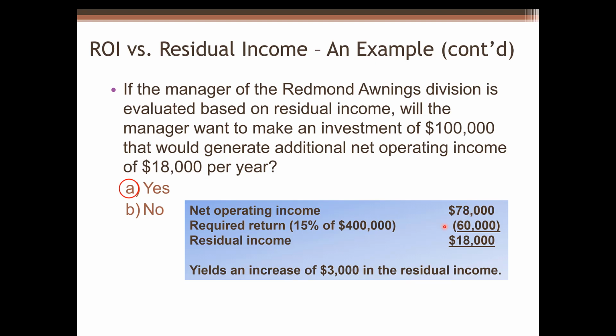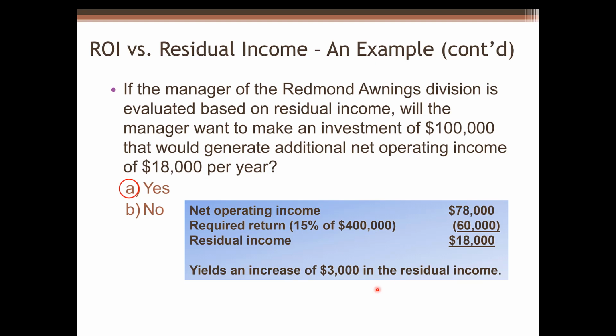So we subtract $60,000 from $78,000, and we get the new residual income, $18,000. Compared to the original residual income, $15,000, the new residual income has increased by $3,000. So yes, if the manager's performance is evaluated based on residual income, the manager would make this investment.